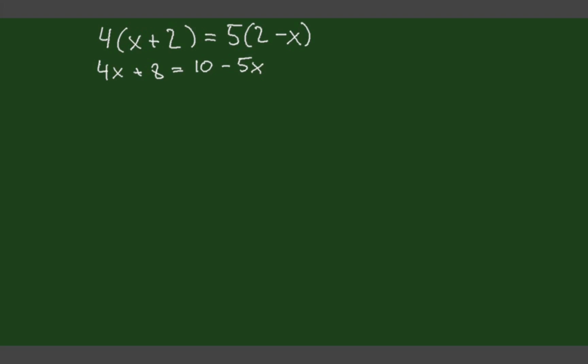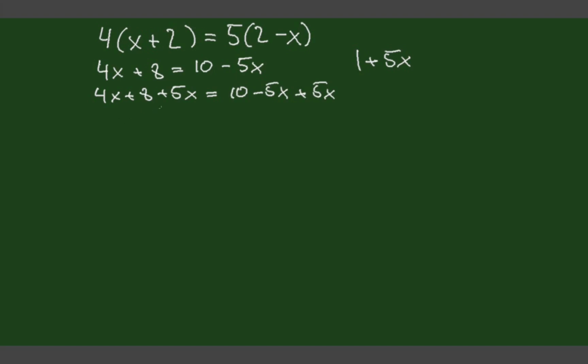So what I want to do is, on both sides of the equation, plus 5x. Now what that gives me is 4x plus 8 plus 5x equals 10 minus 5x plus 5x, my original part of the equation plus 5x, my new operation.